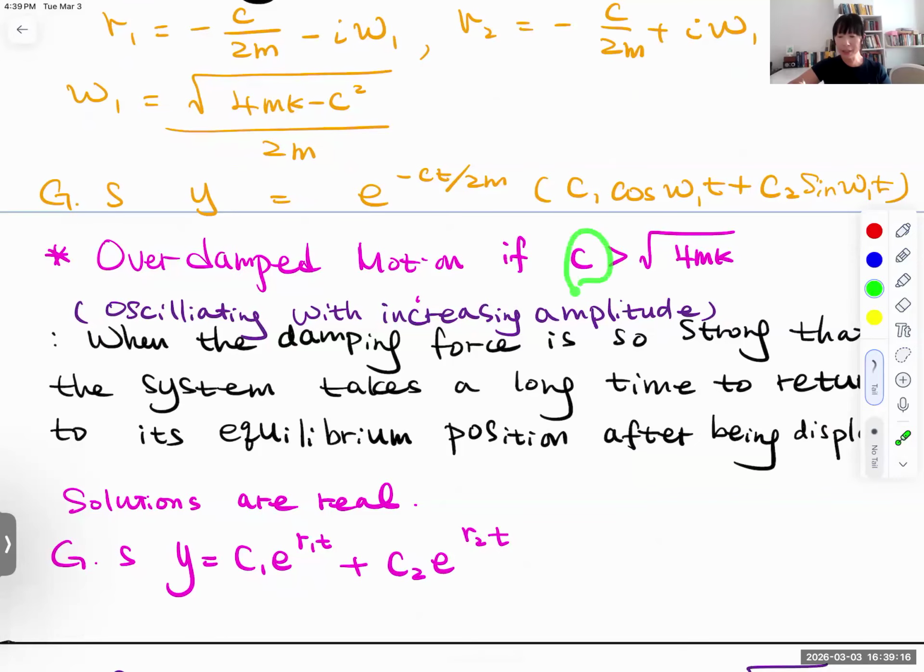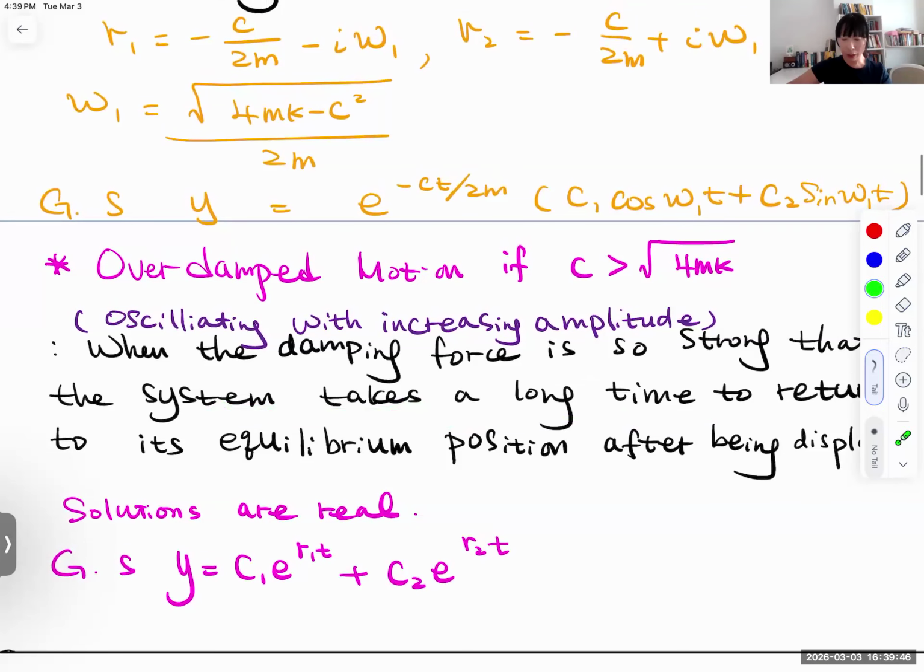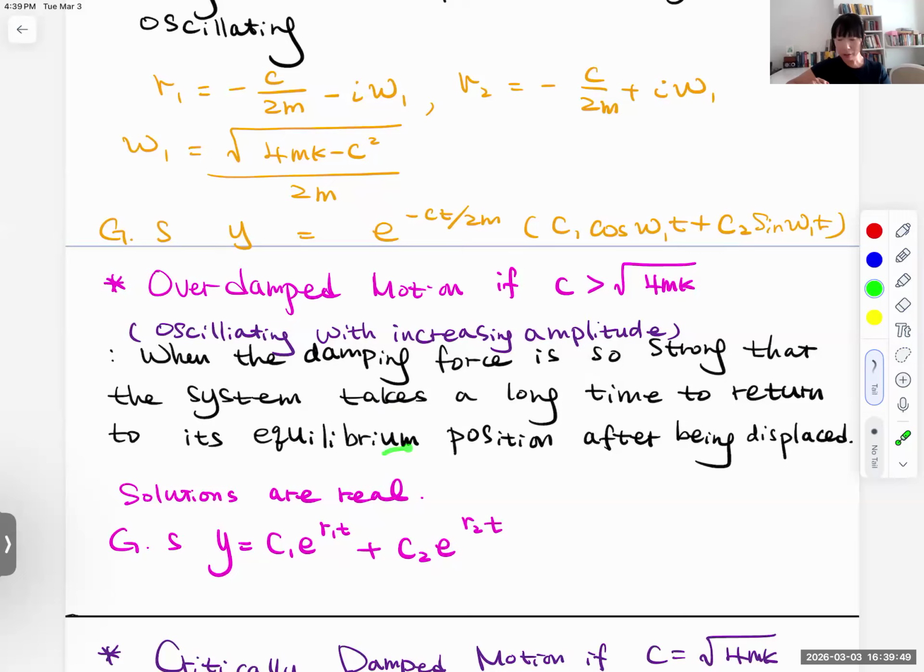Now, overdamped. When c is greater than the square root of 4mk, 4 times m times k. So what does this mean? Overdamped, oscillating with increasing amplitude. This means the damping force is so strong that the system takes a long time to return to its equilibrium position after being displaced.